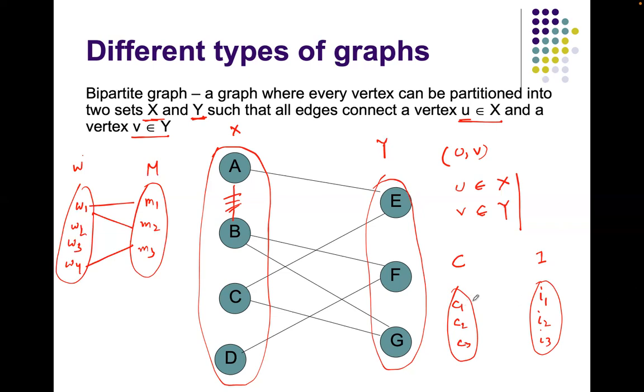So we can have an edge only from course to instructor. We don't need any edge from course to course or instructor to instructor. So I1 teaches C1, C2, I2 teaches C3, like this. And C1 is also taught by instructor 3. So here you can see that this is also an example of a bipartite graph.